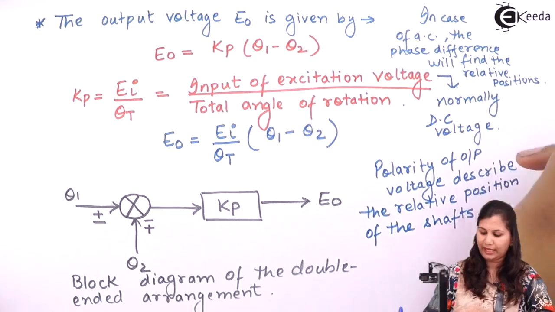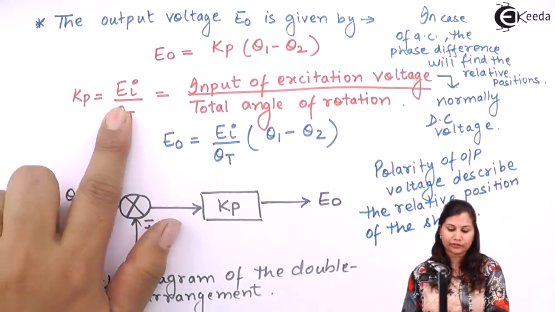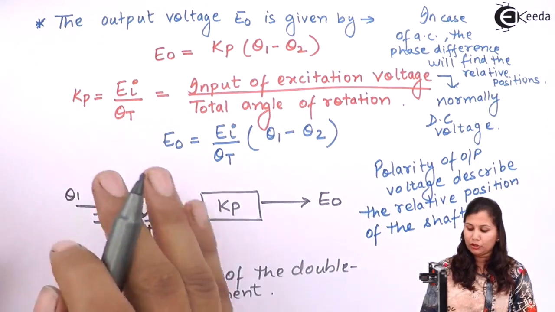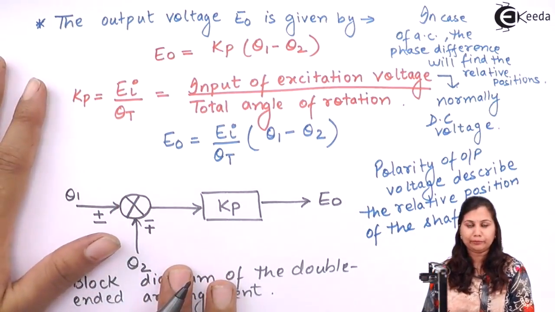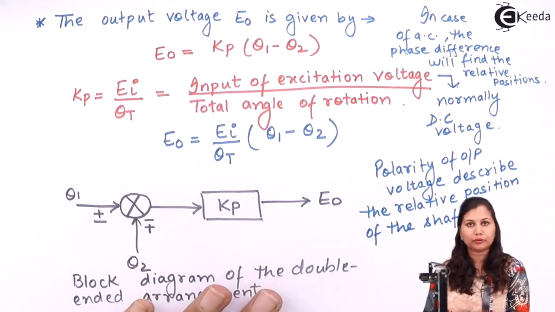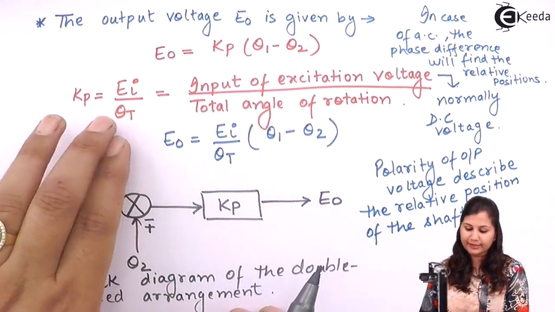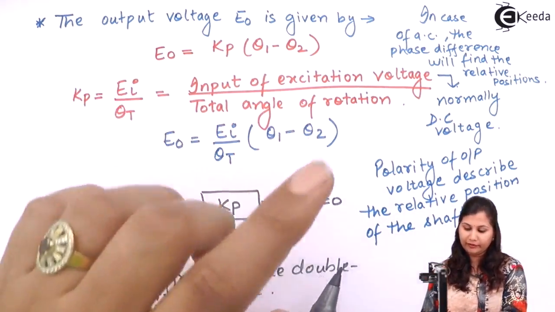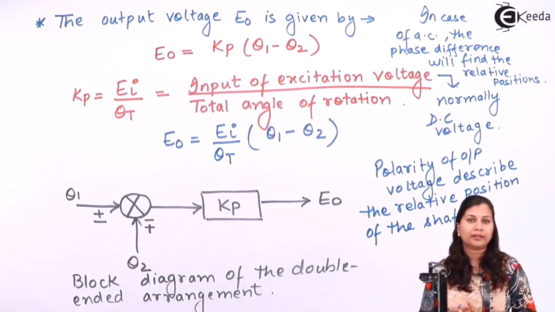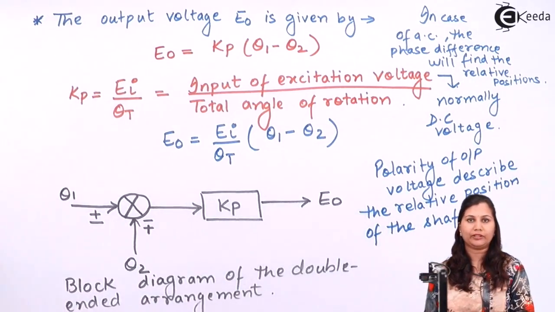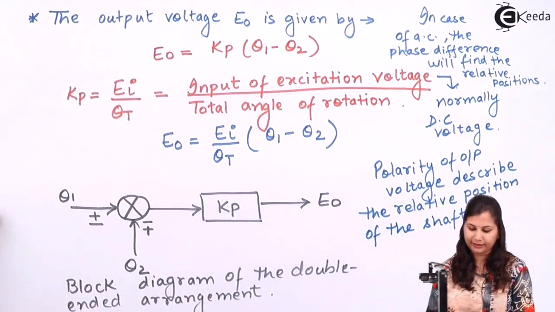So we are saying that this input voltage is normally a DC voltage. In the case of DC input voltage, the polarity of the output voltage will describe the relative position, and if it is an AC voltage, then the phase difference between the output voltage and the input voltage will find out the relative positions of the shaft. So this is how the potentiometer can be used as an error detector.